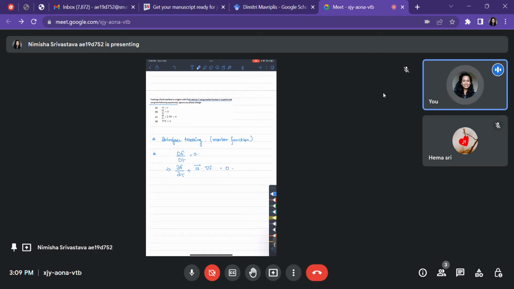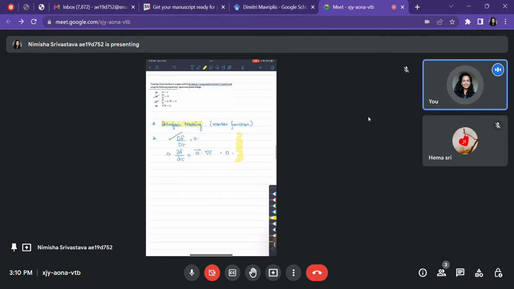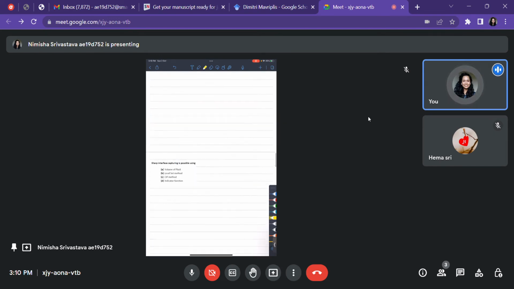So for this question, the answers B and C are correct because both of these cases represent the same equation, which is this, right? So once again, this is an interface tracking type of method, right? So then, moving on to the next question.